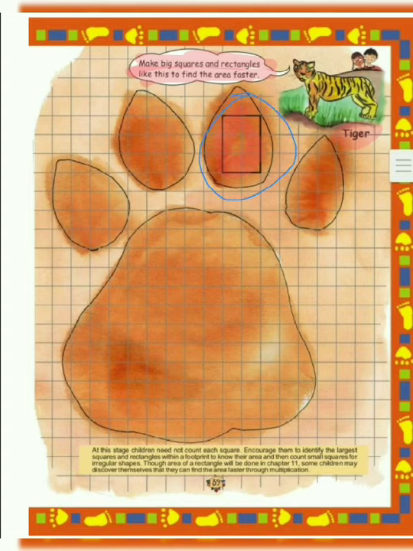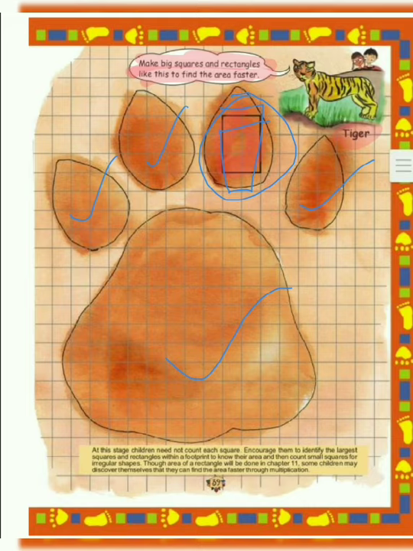Like this. It is a part of the footprint of a tiger, and the fully covered squares are covered like this. Okay. We will do the same with these 4 parts.